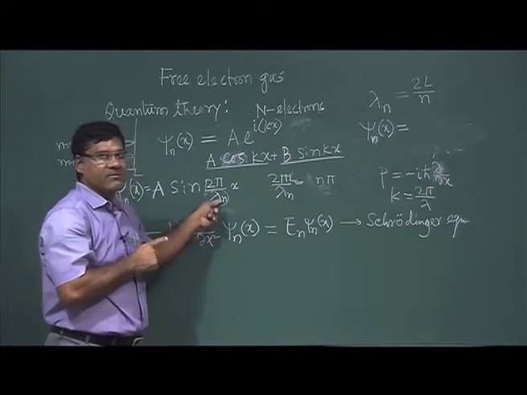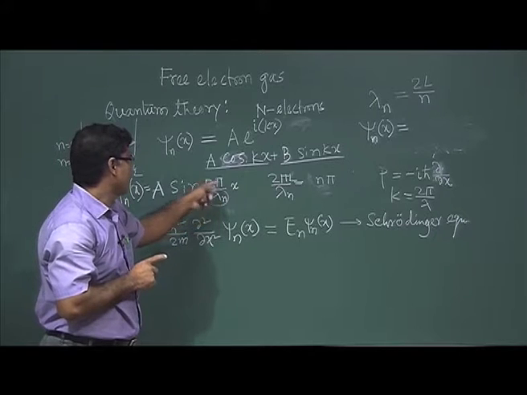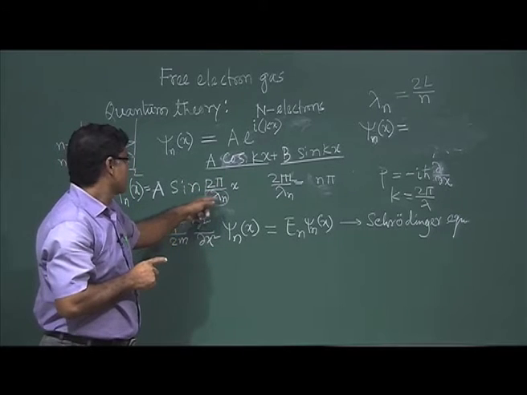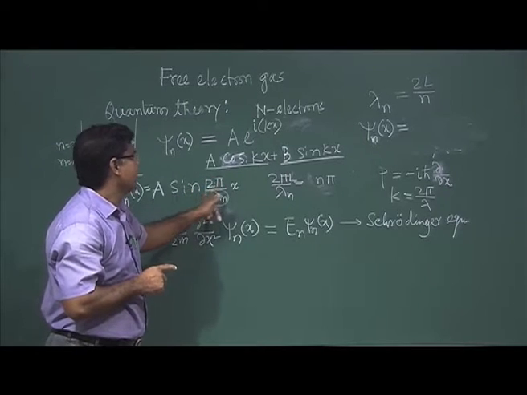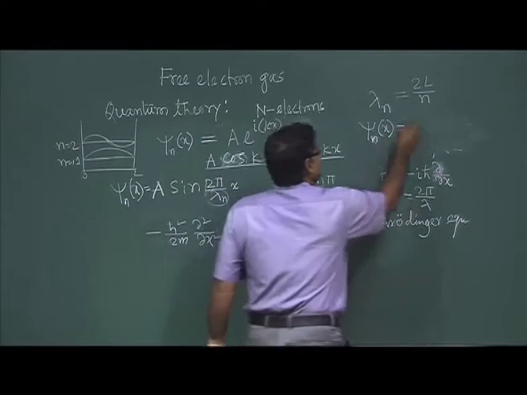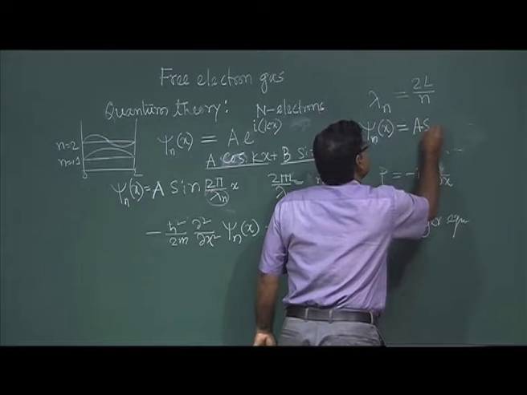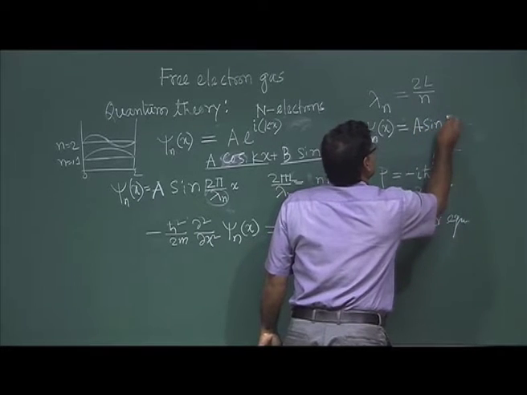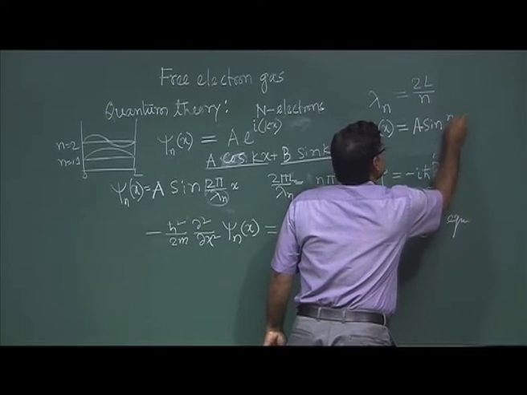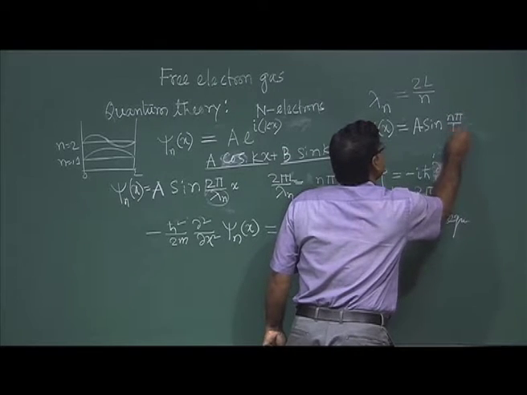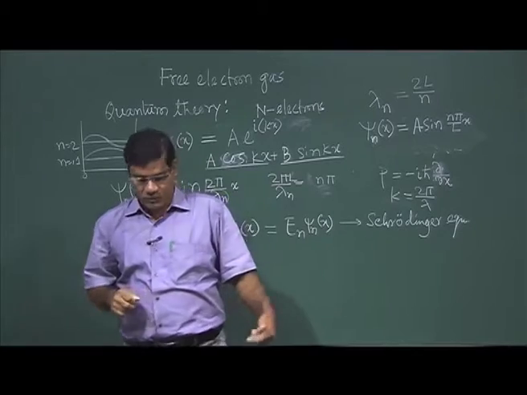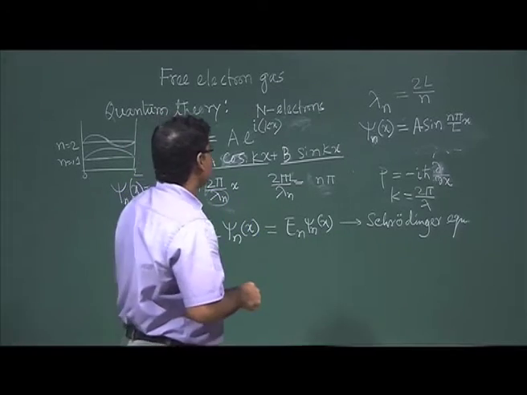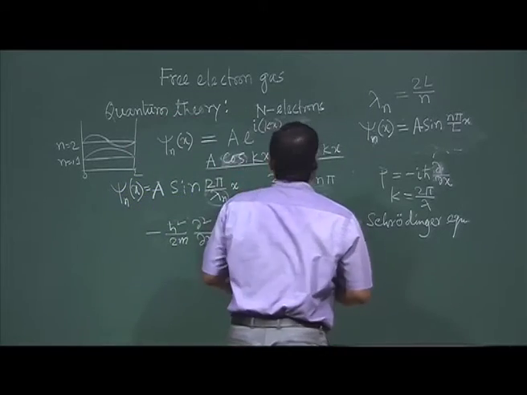So, 2 n pi by 2L, so 2 will go and n pi by L. So, I will get A sin n pi by L x, right. So, this will be the wave function for our system.